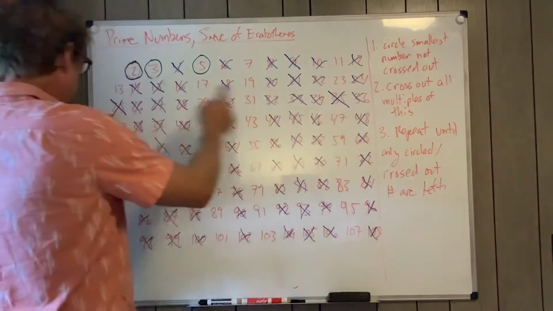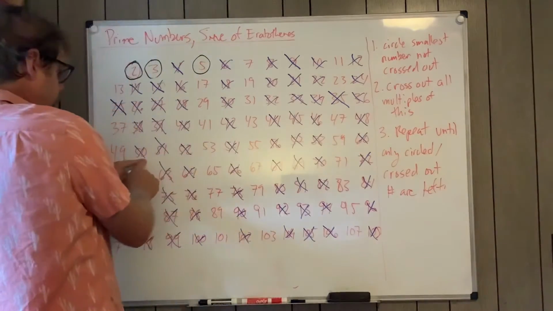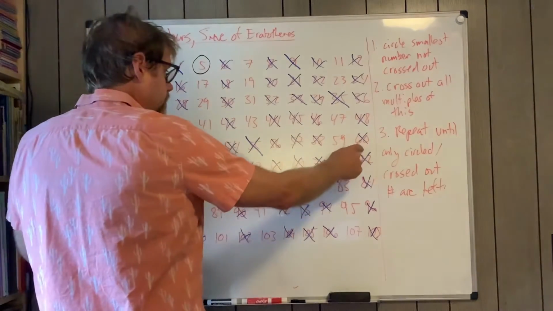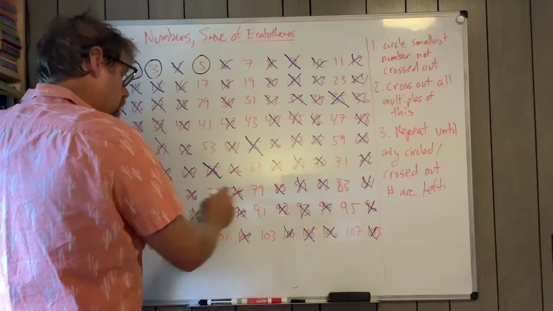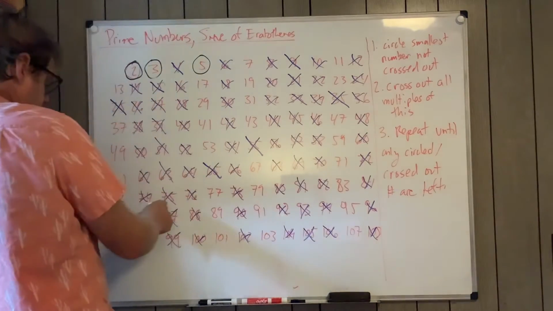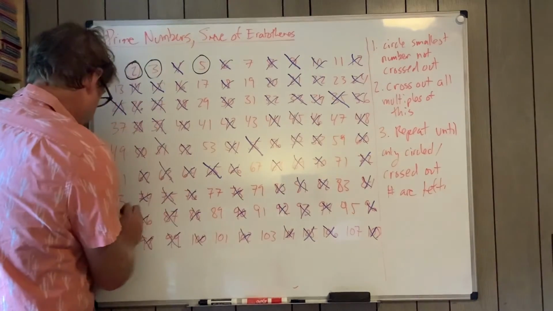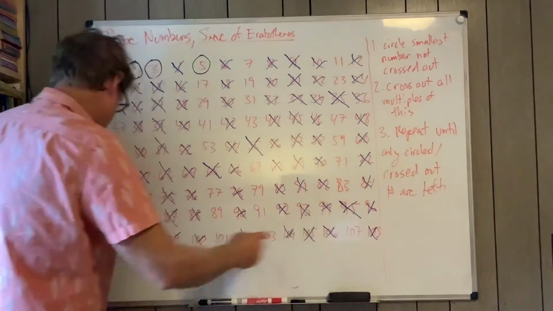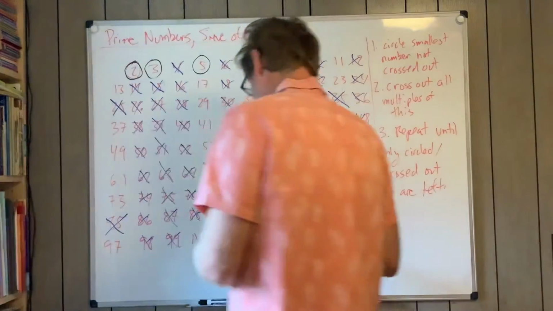Cross that one out. So 40 should be next. 45 is gone. 50 is already gone. 55 I need to cross out. 60 is already gone. 65 I'm going to cross out. 70 is gone. 75 is gone. 80 is already gone. 85, 90, 95, 100, 105.